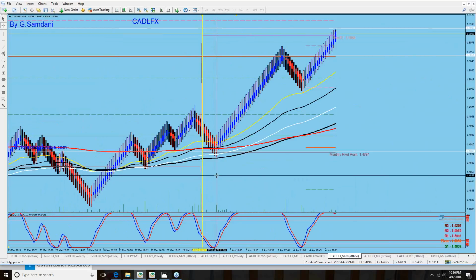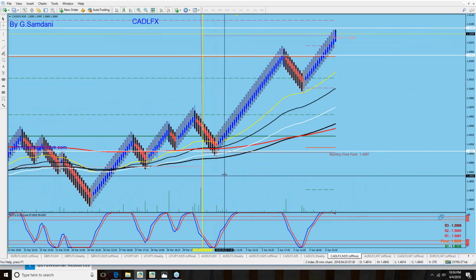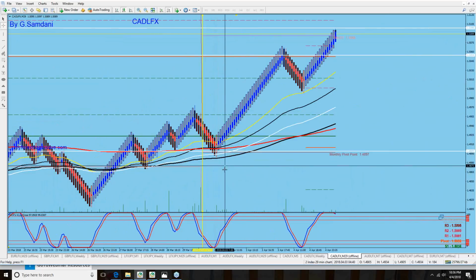The next opening time would be the ending time of this previous candle, so the next blue candle opened April the 3rd at 3:10. Remember that, 3:10.